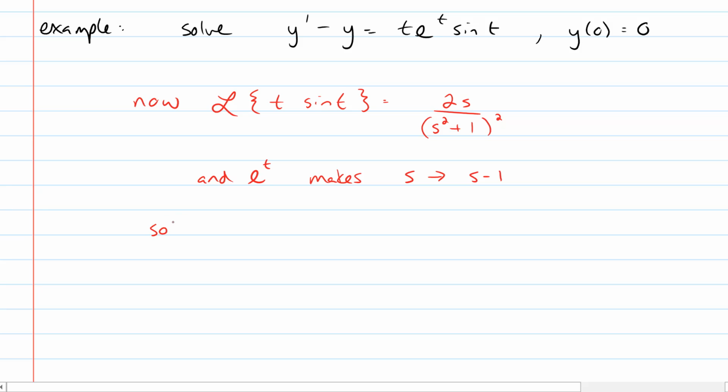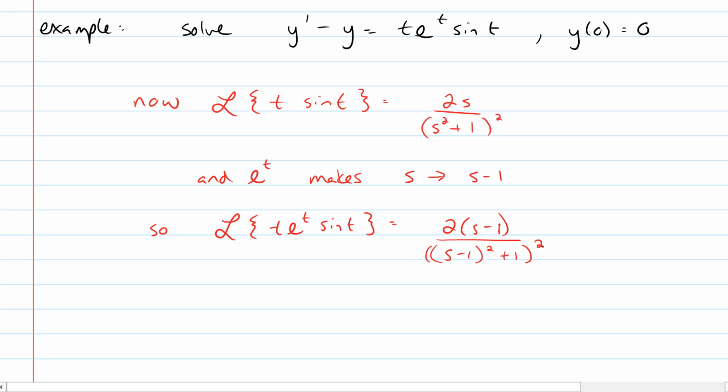And so we can conclude from that that the Laplace transform of t e to the t sine t is going to be 2 onto s minus 1 over s minus 1 squared plus 1 all squared.